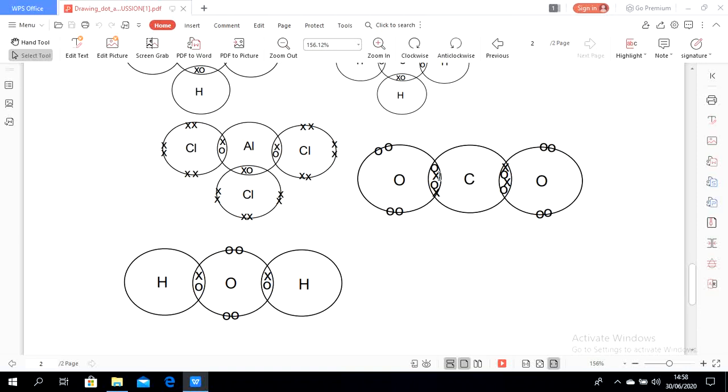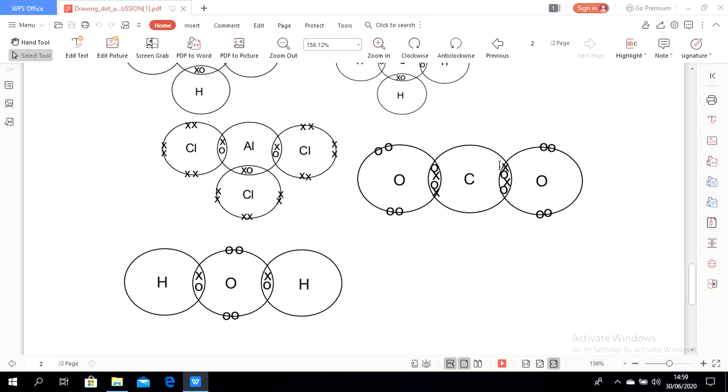When there are 2 double bonds, these bonds behave similar to single bonds. Why single bond? Because this double bond occurs in the overlapping of S and P orbitals of the same atom.